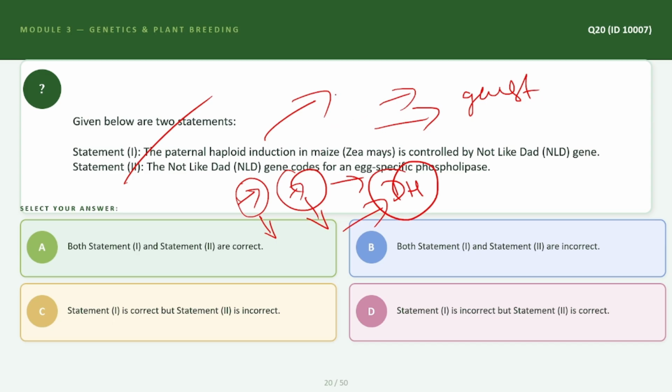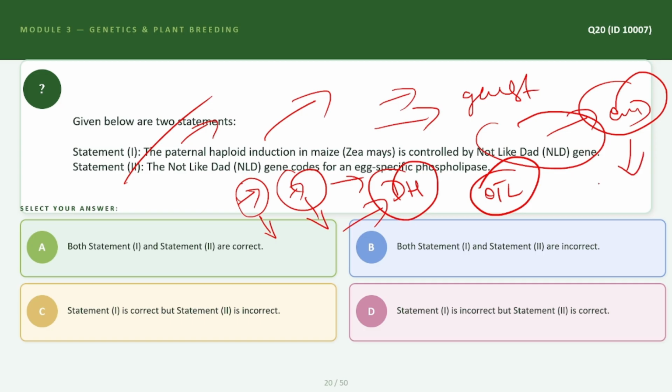But even though classical QTLs are present, who will ask? Exactly. See, now paternal haploids are generally not used at all. And going in depth into which is the gene and which is the enzyme it produces is to confuse you. But better if you don't know, don't ask this question.